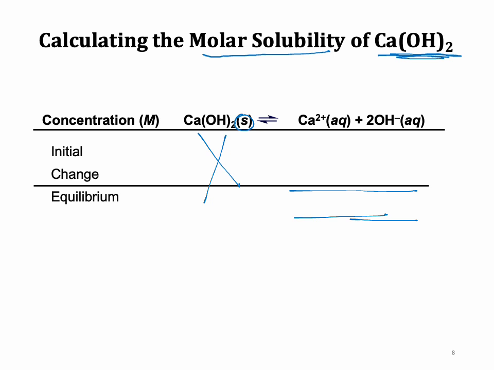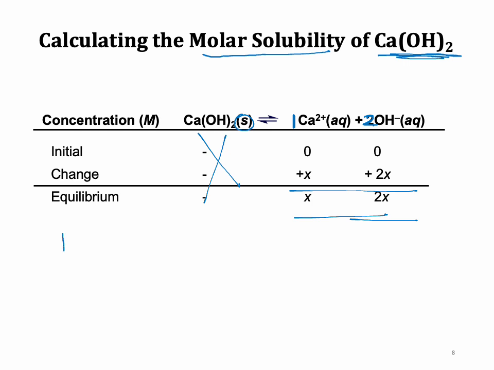Initial concentration of calcium and hydroxide is 0. Change: because calcium has a coefficient of 1, this is going to be plus x, and hydroxide has a coefficient of 2, this is going to be plus 2x. Why plus? Because both of these are products. And equilibrium is initial plus the change. So 0 plus x gives me x, 0 plus 2x gives me 2x.